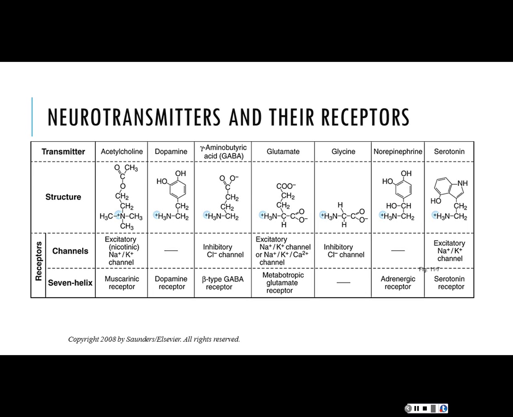We said something's excitatory, go back to your notes. We said it's going to let more sodium in. So our nicotinic cholinergic receptors allow sodium into the postsynaptic cell, causing the cell to depolarize.